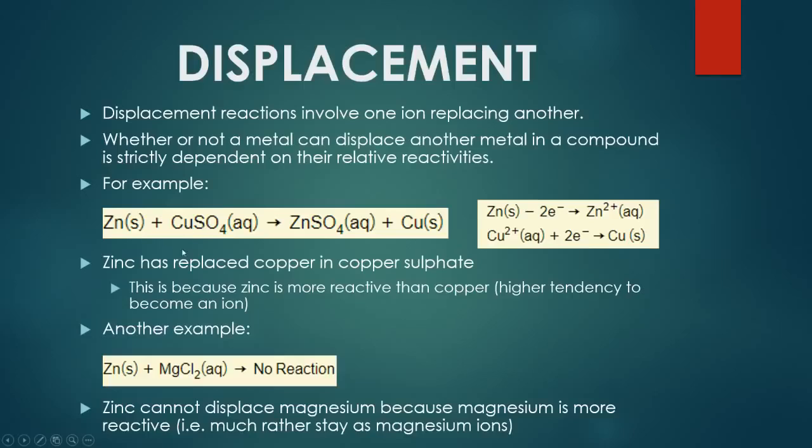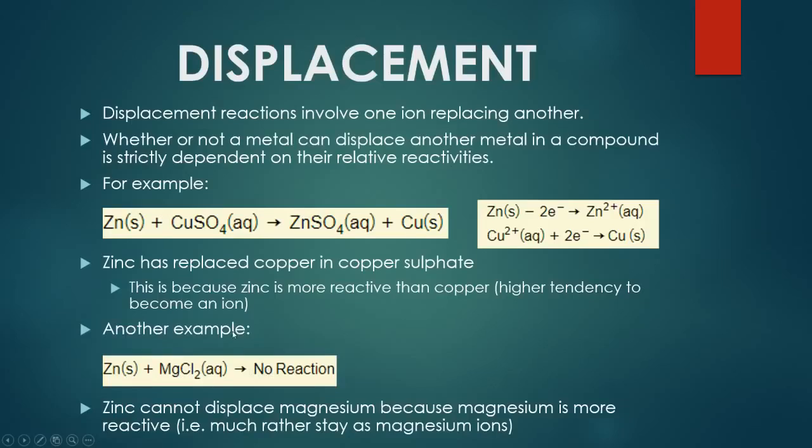So they swap places because it's a win-win situation. Whereas if you had zinc added to magnesium chloride, magnesium is perfectly happy where it is at the moment because it's more reactive than zinc, and it has a higher tendency to remain in ionic form, so it will remain there, and therefore you won't get any reaction at all.